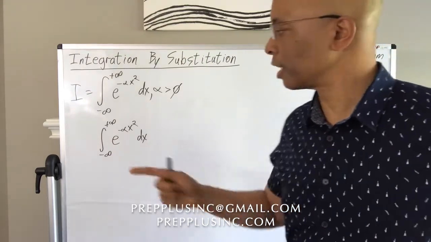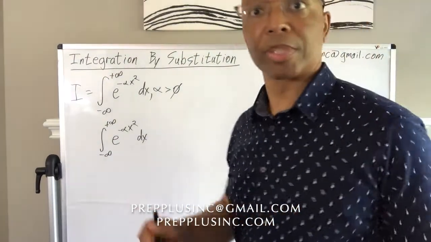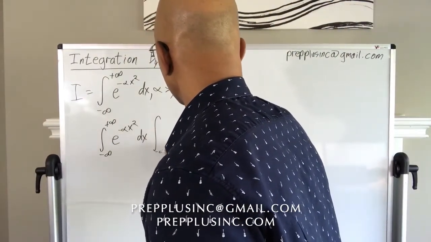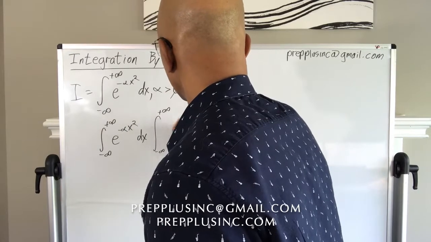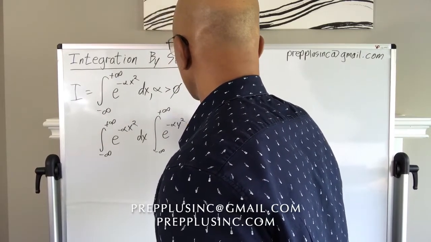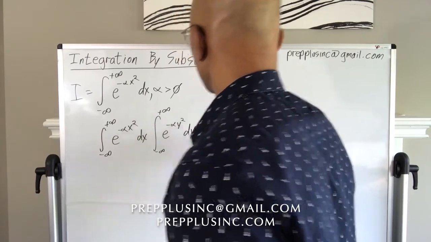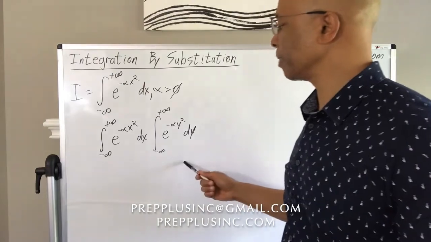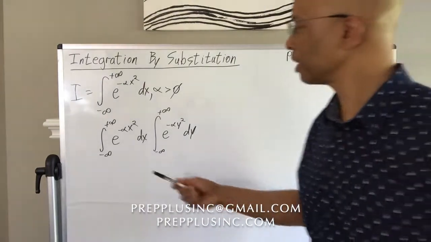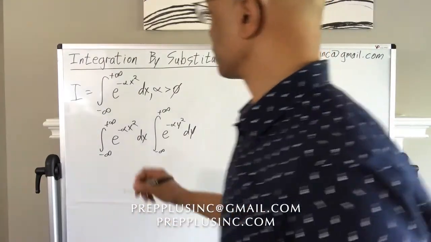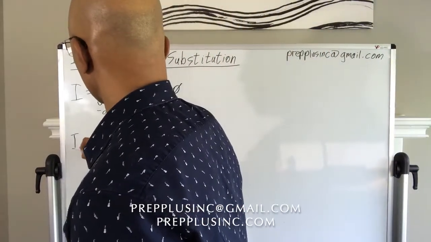So let's just rewrite that, see what happens. Times the integral from minus infinity to plus infinity, e to the minus alpha y squared dy. Okay, so now we look at this and we see this actually is just the square of what we're looking for.